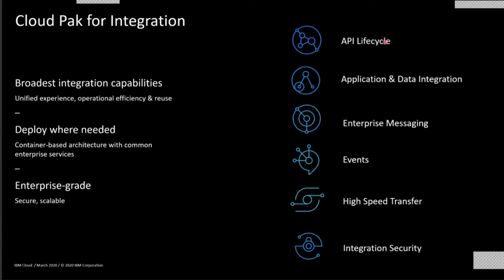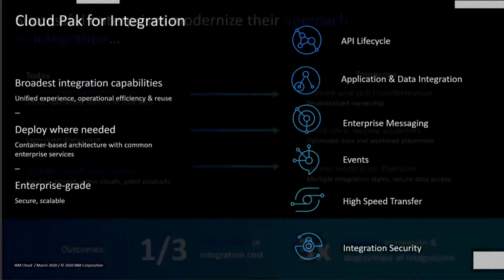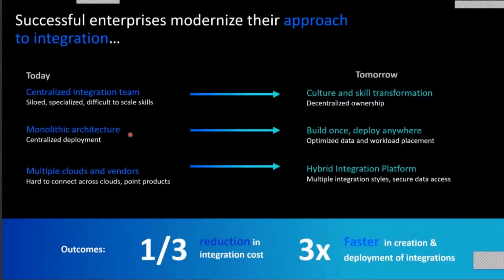You can deploy where needed. It runs all on OpenShift. So when the platform is in place, it doesn't matter if it's on Azure, AWS, on-premise, or the IBM Cloud, it will run for you. And of course, because it's from IBM, it's enterprise grade, secure and scalable. So we've seen that slide before.